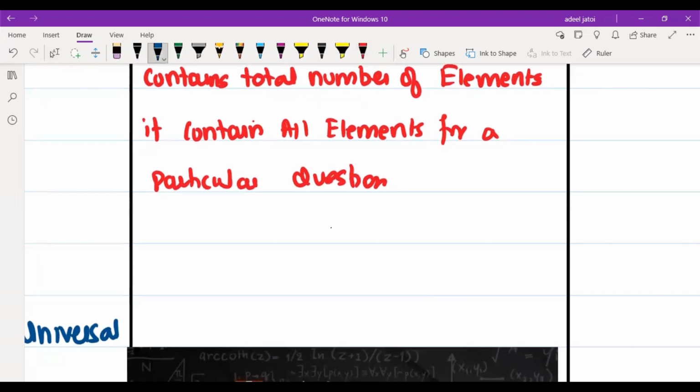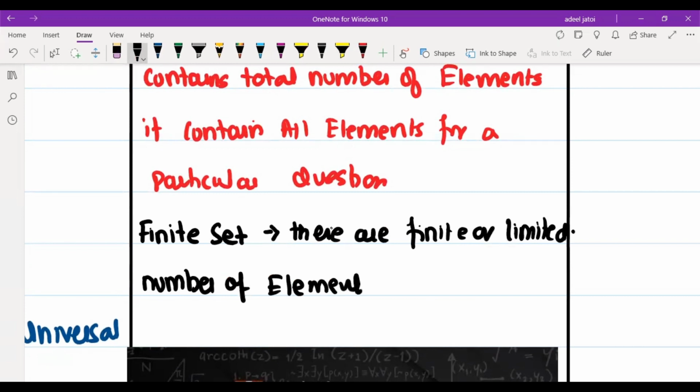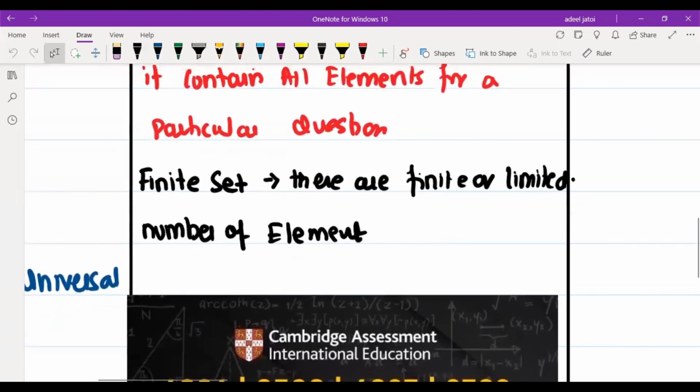Then you have the finite set. There are a finite or limited number of elements which have a limit, elements that are from the universal set.